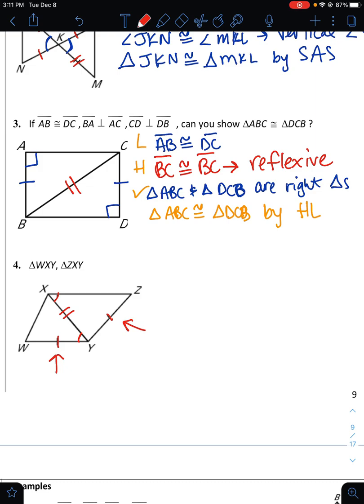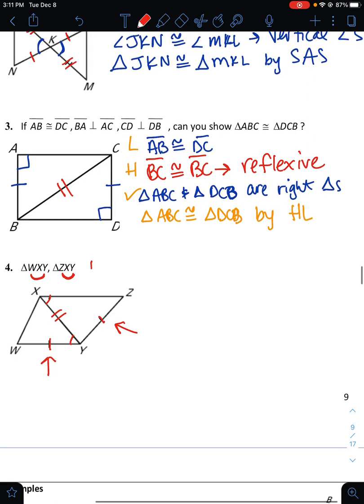If I look at these names right here, WY, first and last letter, and ZY, well, actually, let me back up a second here. It doesn't exactly tell us if they're corresponding sides because this is not necessarily a congruent statement. So I'm going to say here, not congruent statement.